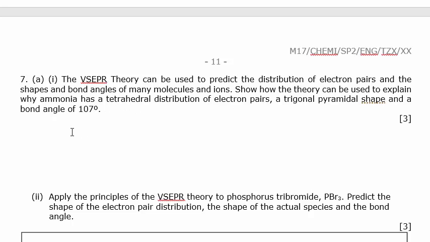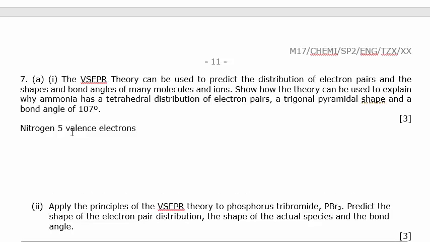Right, okay, so we need to say nitrogen has got 5 valence electrons. 3 hydrogens provide 3 valence electrons. So what's our total?